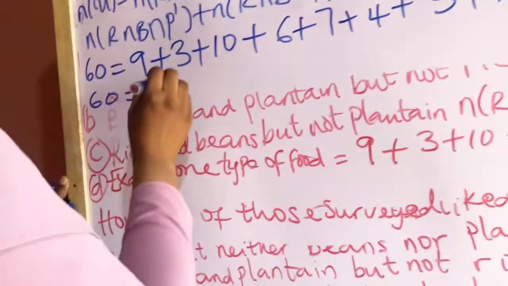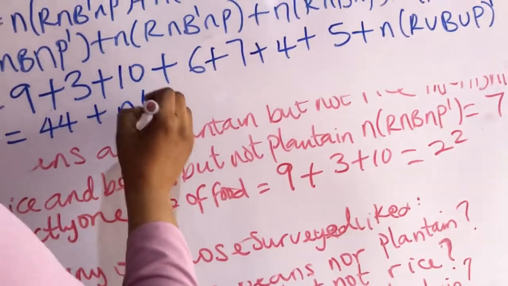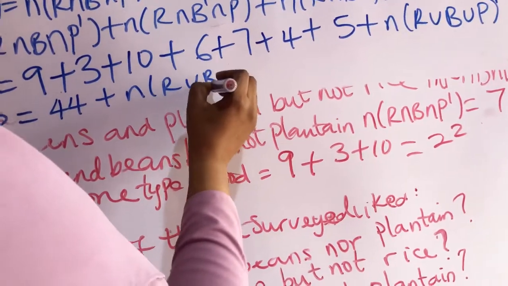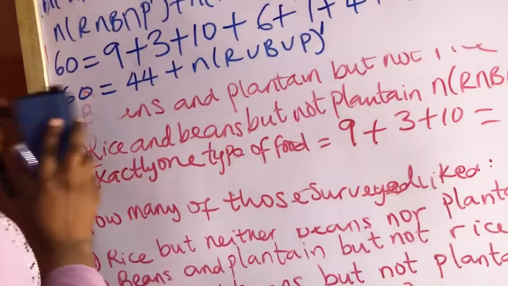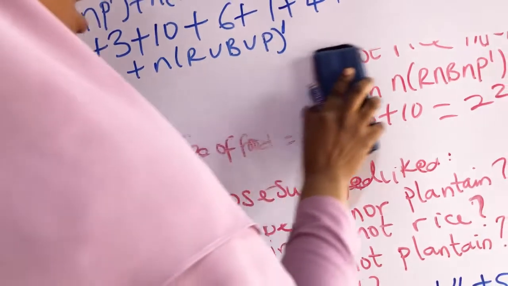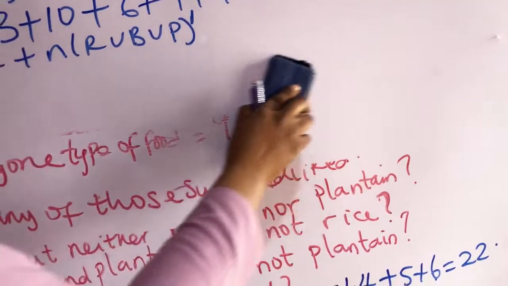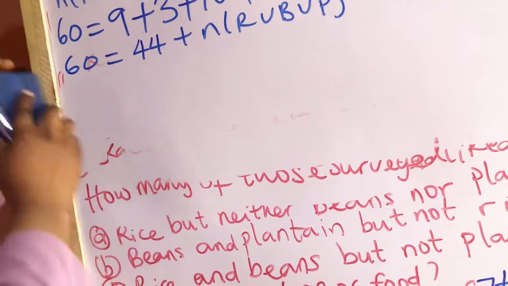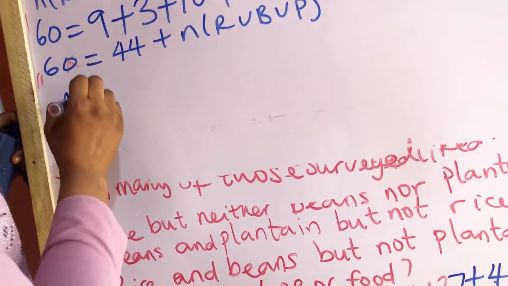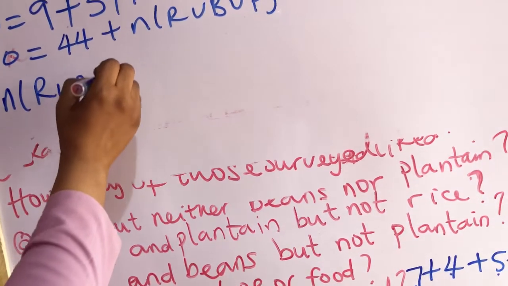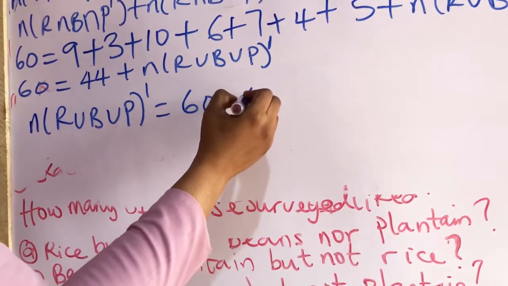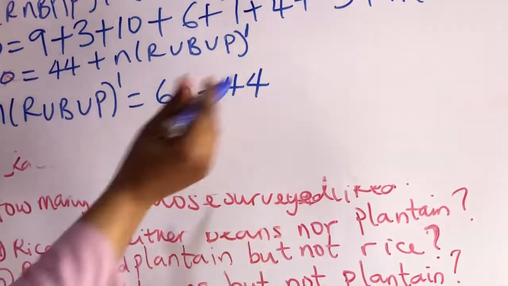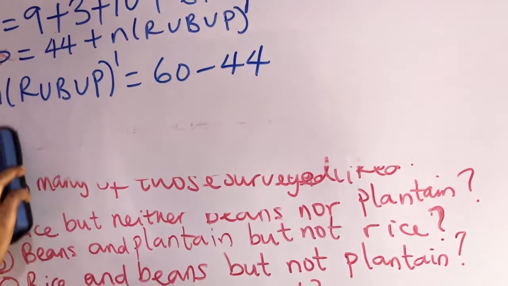So 44 plus the cardinality of (R union B union P) prime. So that will be 60 minus 44, and 60 minus 44 is 16.